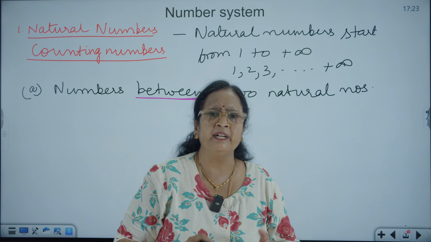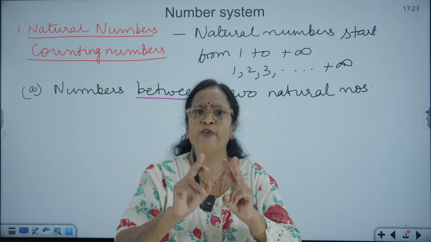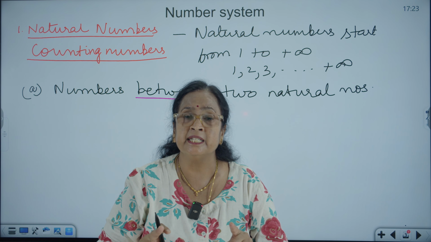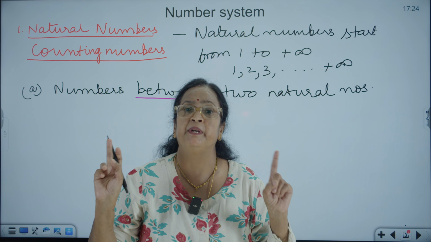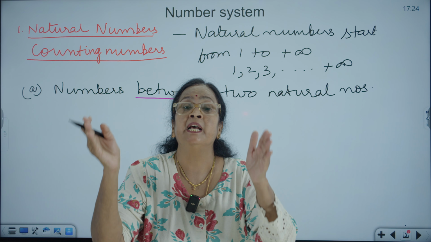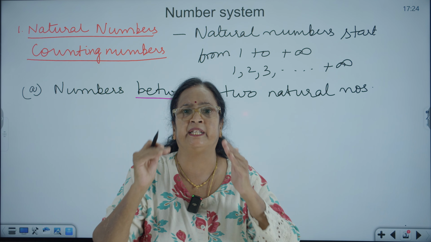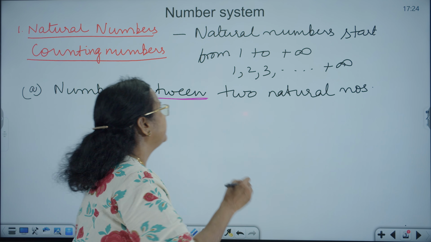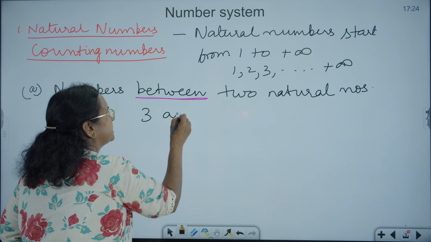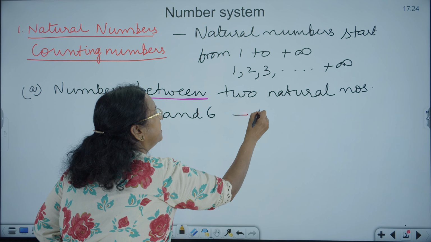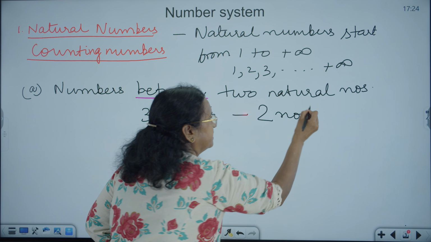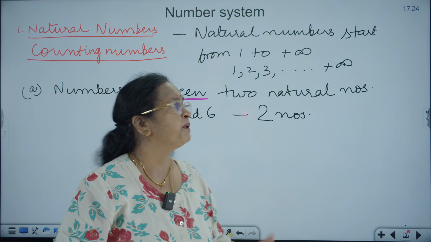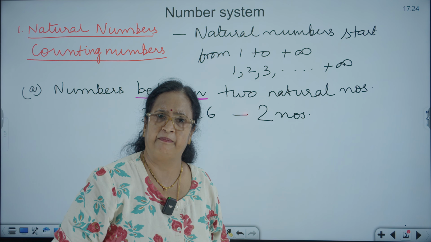You counted 3, 4, 5 and then 6. So, 4 and 5. This word between is important because it does not include the two extreme numbers. They are the numbers inside, in between these numbers, alright. So, you could easily tell between 3 and 6, there are two natural numbers.